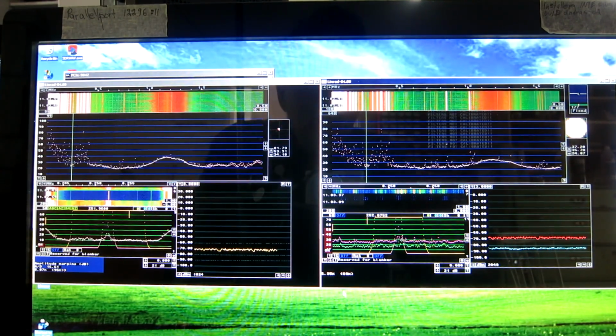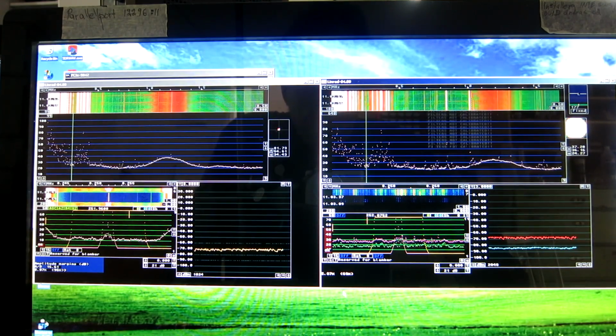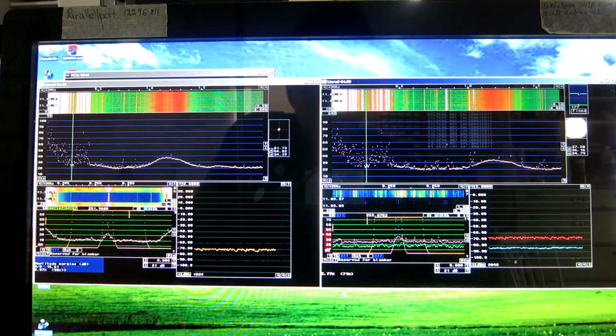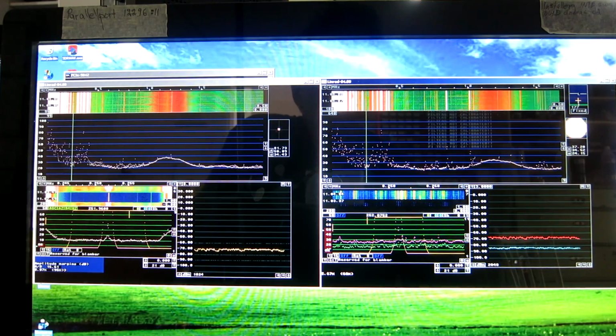And you can see there was about 10 dB of noise increase in this channel to which the antenna was not connected, while the noise increase was a little bit higher to the other channel. So I listened to the other channel.